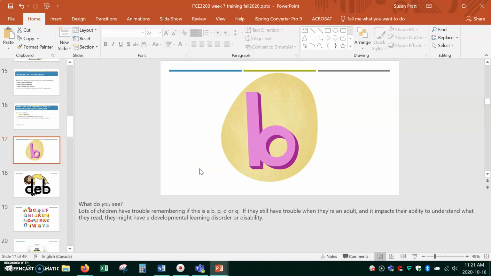Moving on, let's talk a little bit about learning disabilities, learning challenges. So on the screen here, I'm asking you, what do you see? And most of you probably see the letter B. A lot of young children have trouble remembering if this is a B, a P, a D, or a Q. And that's because when they go to school, they've been told from an early age, when they're learning the names of different objects, for example, if they learn that something is a lamp, it's a lamp.